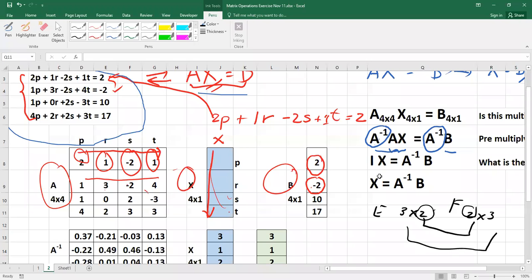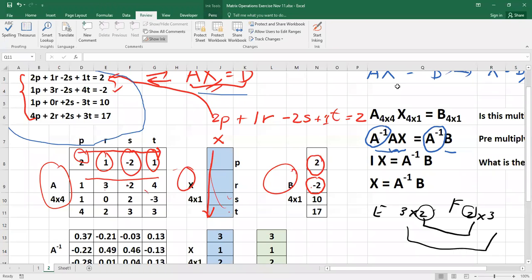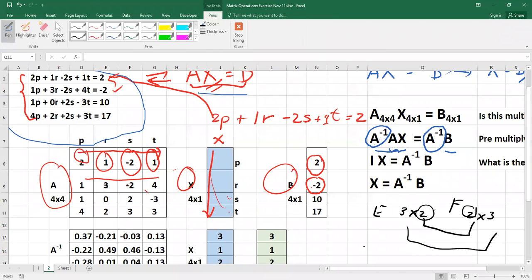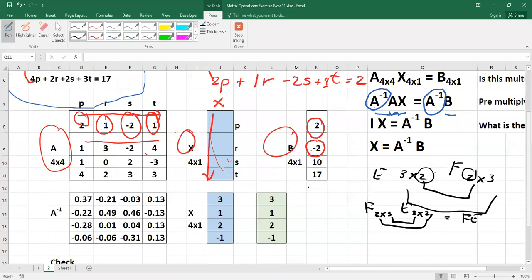So can we multiply F by E? F is 2 by 3, E is 3 by 2, so they are multiplicable. Only that FE will have a size of 2 by 2.